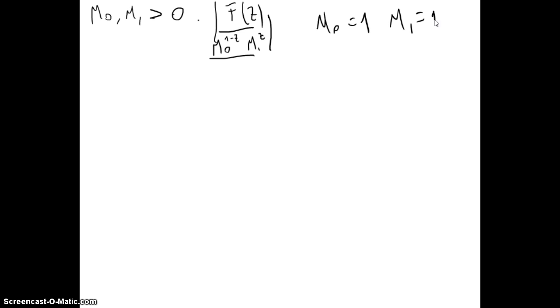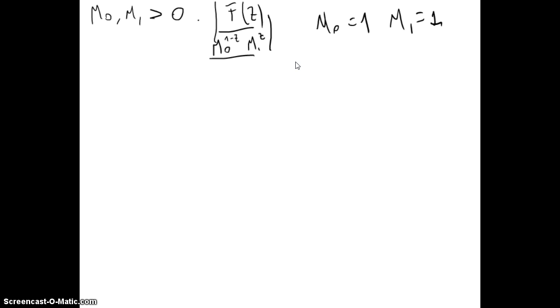Moreover, if we consider another function, f(z) over M0^(1-z) M1^z, then the proof can be reduced to the case where M0 is equal to 1 and M1 is equal to 1.